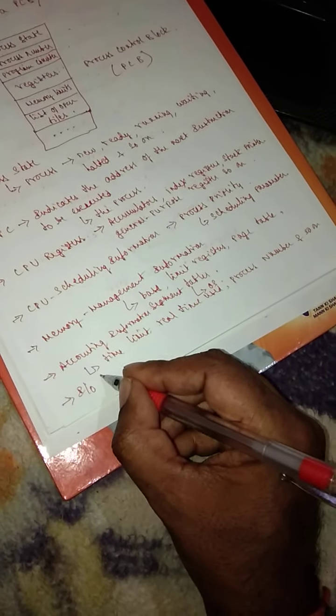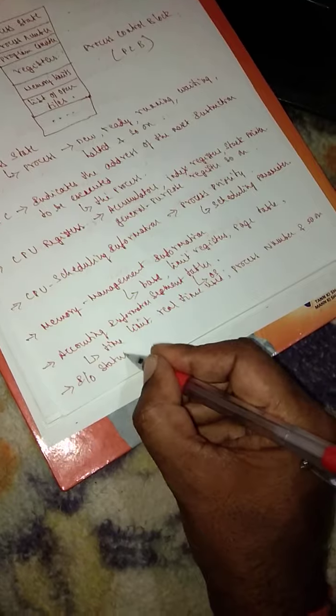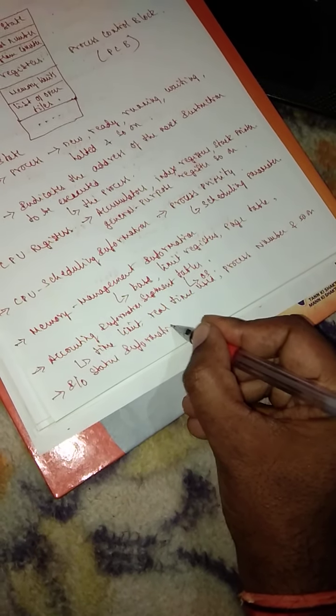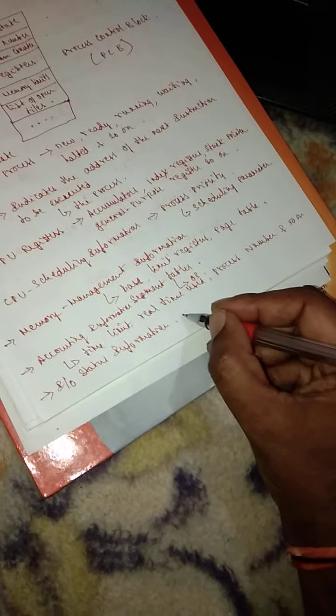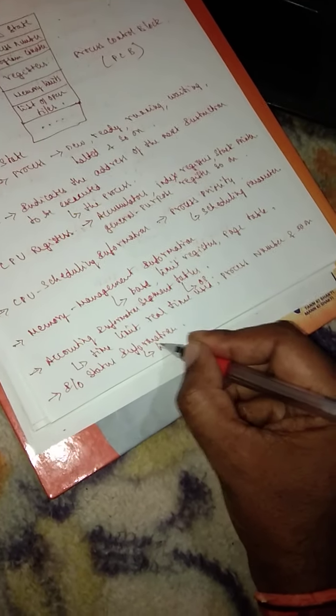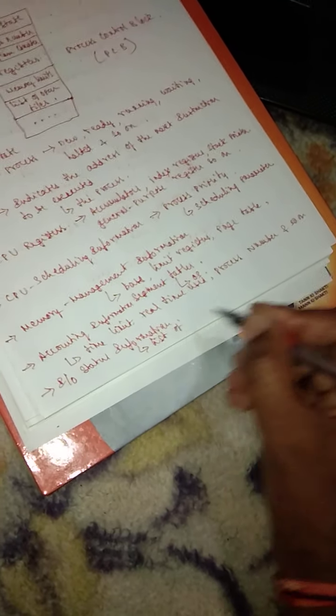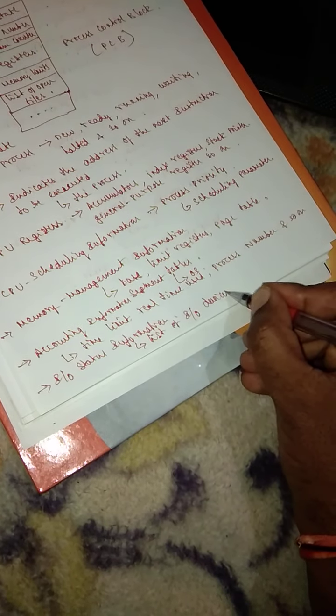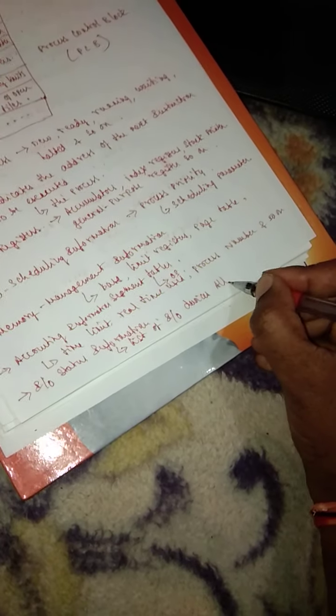And the last information that the PCB maintains is the input output status information. This includes the list of input output devices allocated to the process.